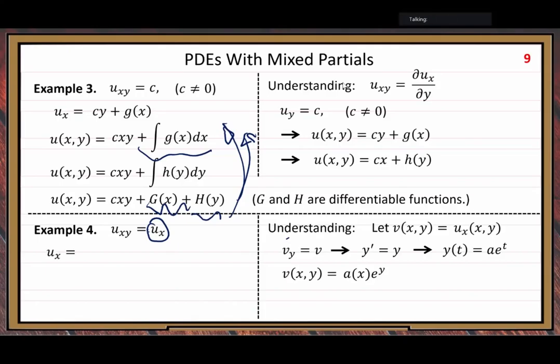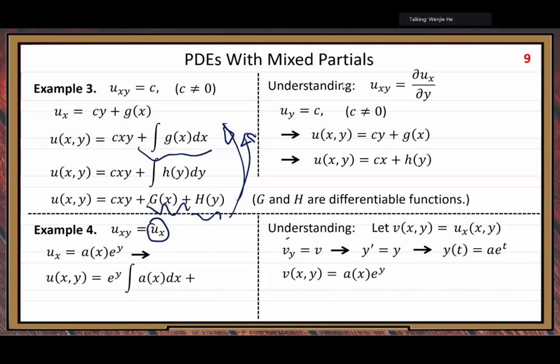Then u sub x equals a of x function times e to the y. How to get the antiderivative here? Integral, right? U of x, y is the antiderivative, e to the y times the integral of a of x, plus some appropriate constant term.